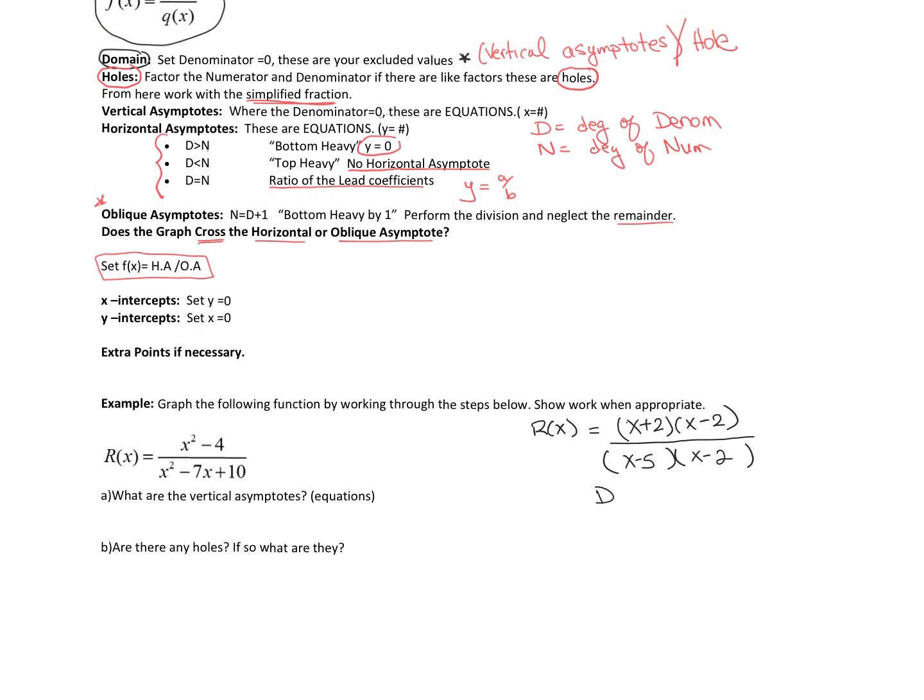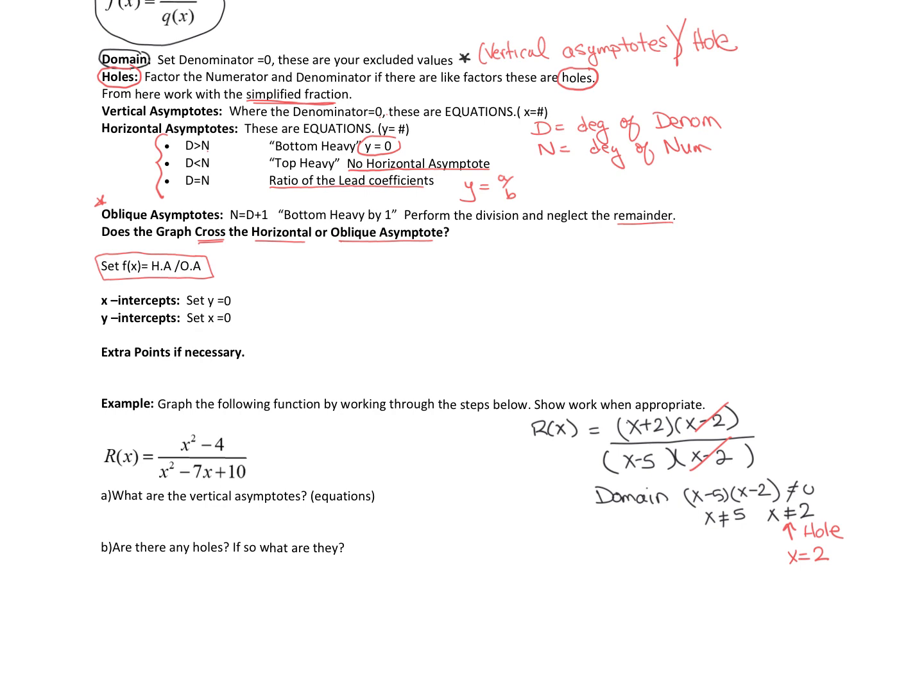So our domain, if I set my denominator equal to 0, I'm going to get x cannot equal 5 and x cannot equal 2. I notice that this x minus 2 cancels. So that means I'm going to have a hole when x is 2.